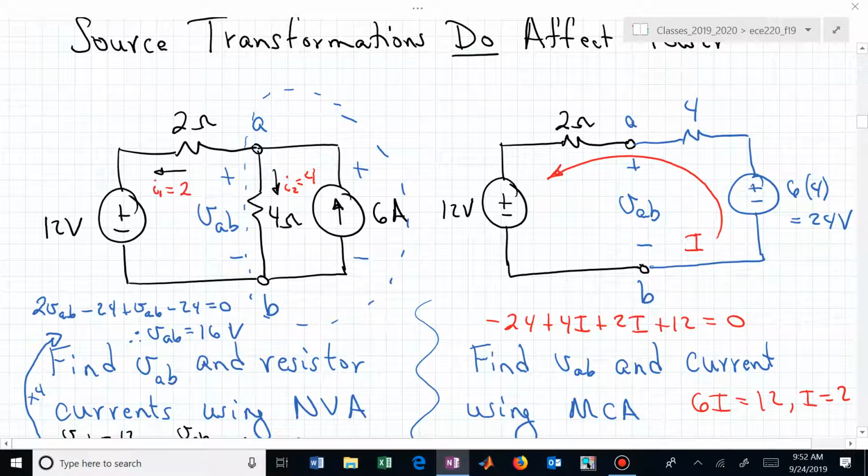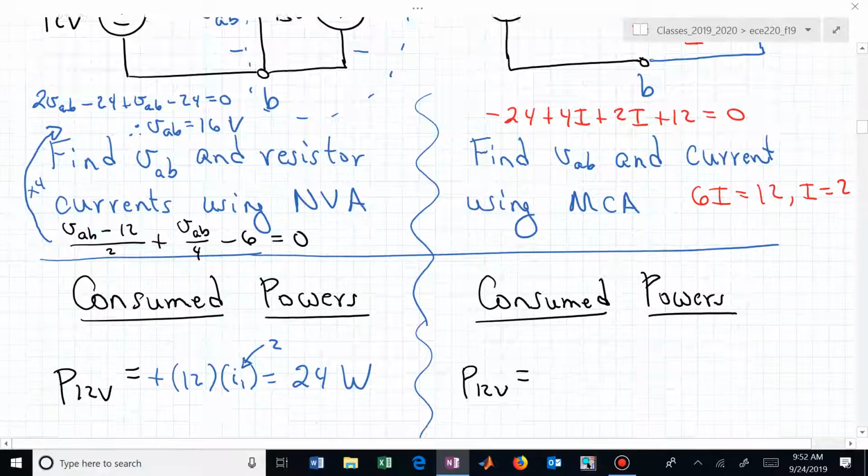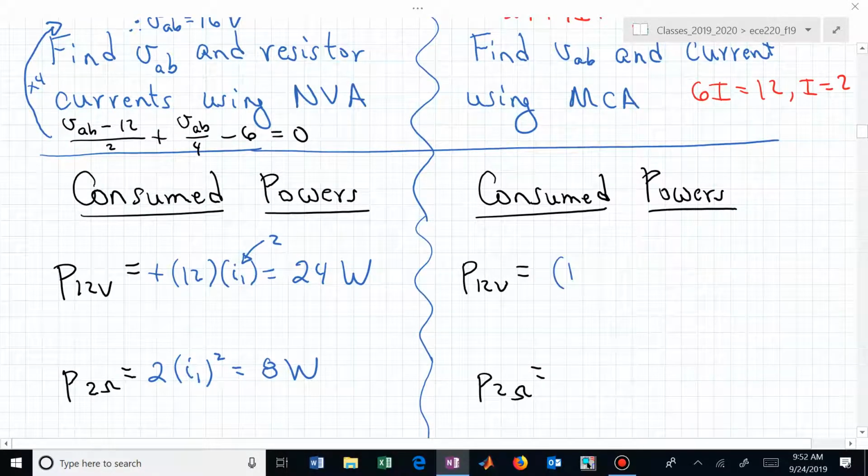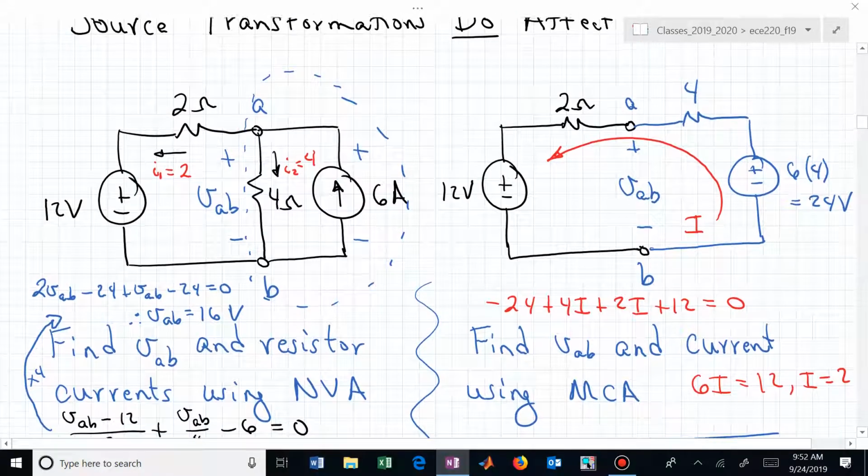Isn't it 12 times capital I and the passive sign convention? It's 24 watts. What about the 2 ohm resistor?